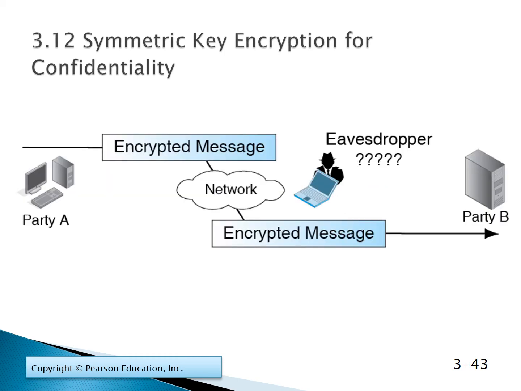If you have an eavesdropper here, because this message is encrypted, people without the key would not be able to decrypt it. That's why the eavesdropper will not be able to read your message. And once the message is received by B, if B has the key, then B can decrypt the message and read it.